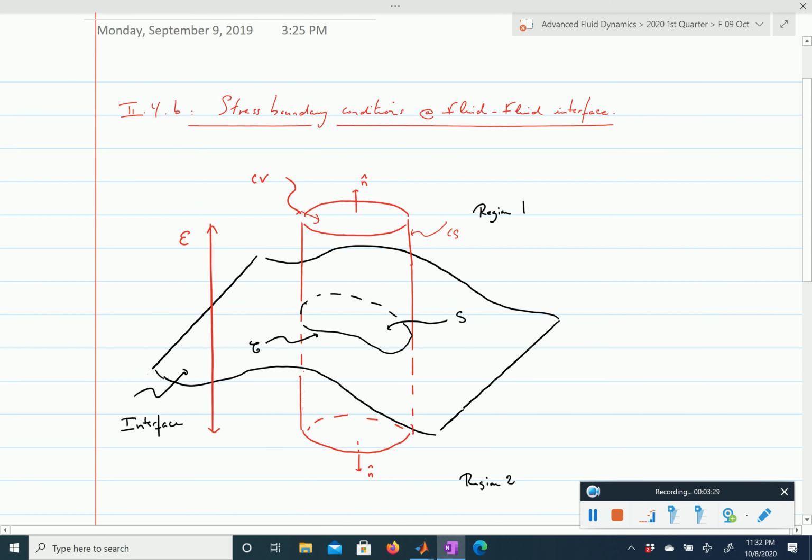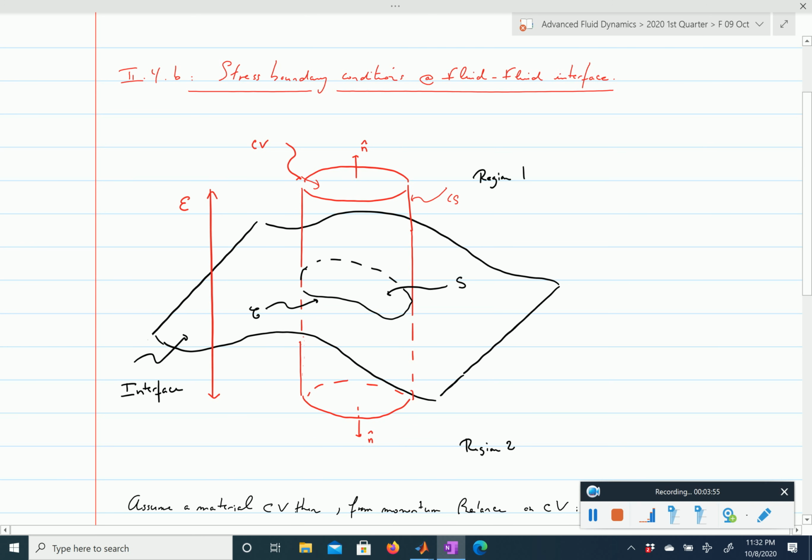And here, if you look at all of the external forces, we have the forces exerted inside of our control volume. We have the surface forces imposed on our control surfaces. But here you notice that our control volume cuts through the surface S, along this contour C. And if we assume that there are no forces specifically applied within the surface, then we don't have any additional terms.